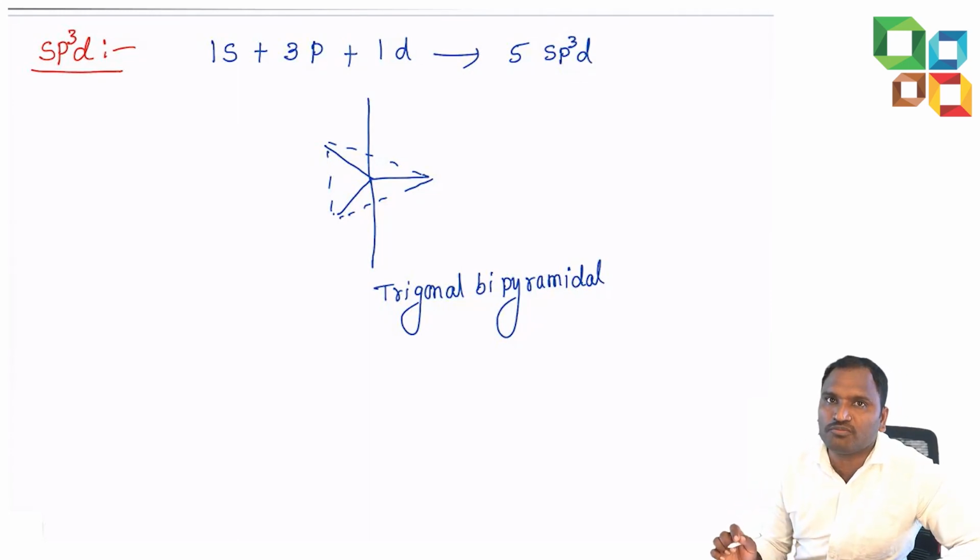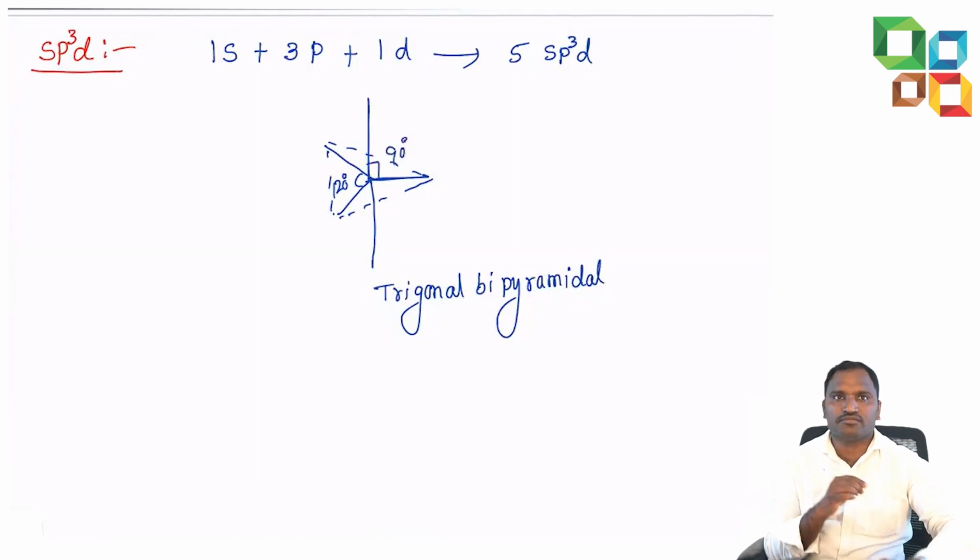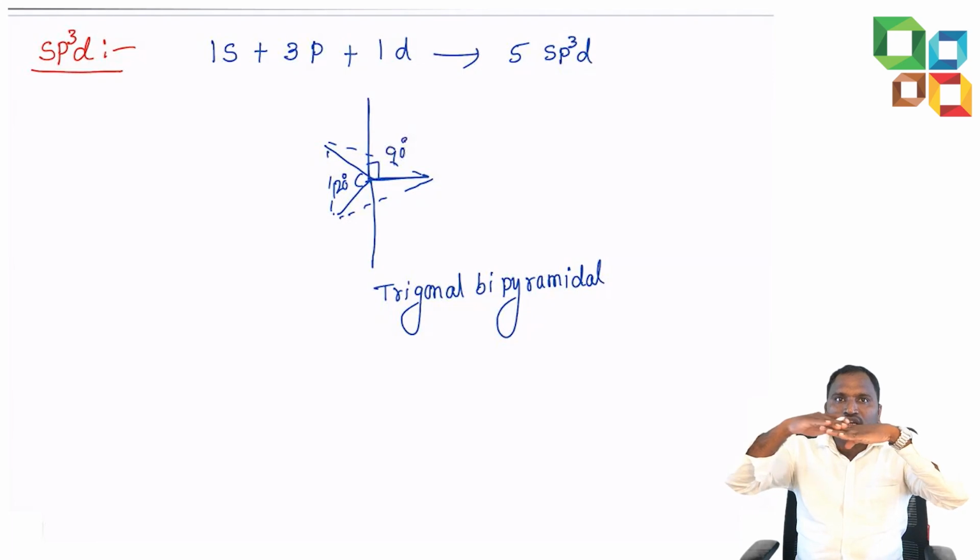Here, 2 types of bond angles are there, isn't it, students? In trigonal planar, what is the bond angle? 120. Here, if you observe, you can see 90 degrees. It is a triangular planar above this.